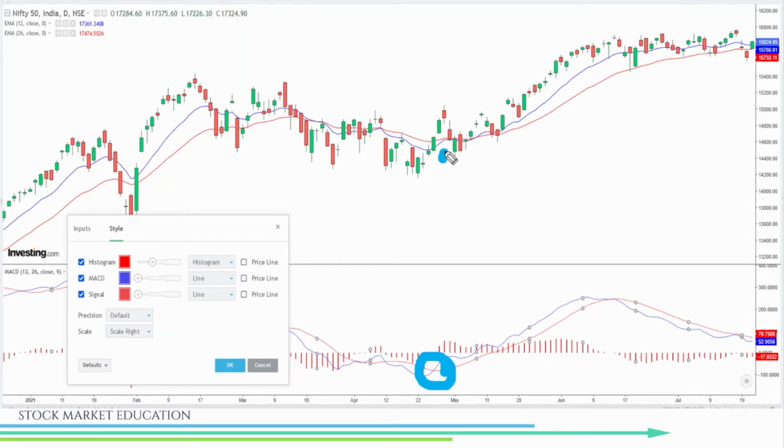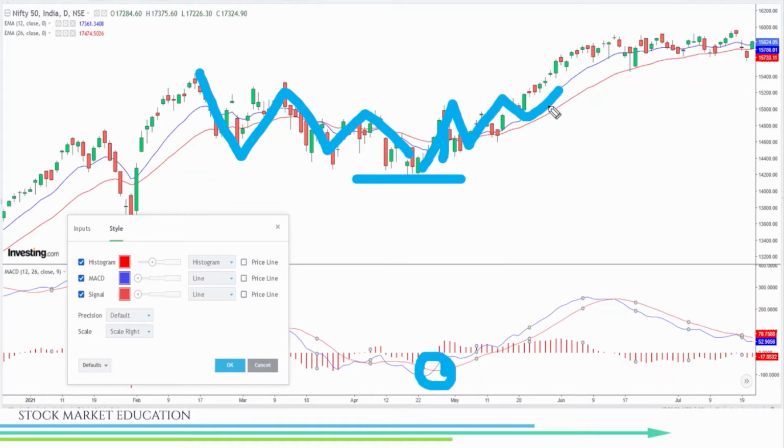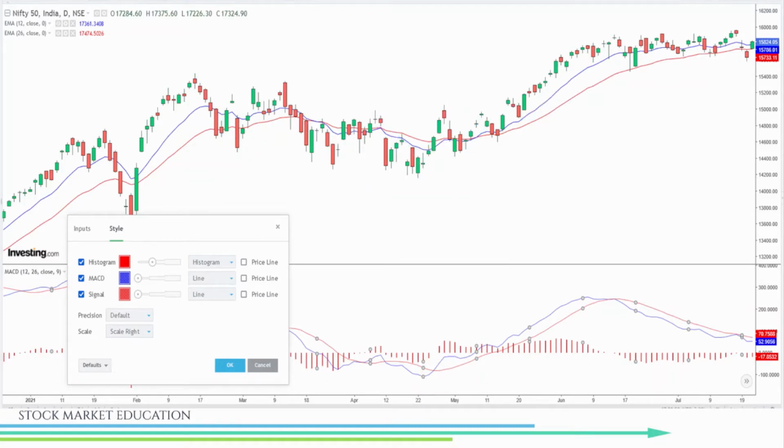Now as here you can see, the price was coming down, it made a low, and then it started making higher highs. While making these crossovers, you can see that this low can be the stop loss if you are using this MACD as an indicator.